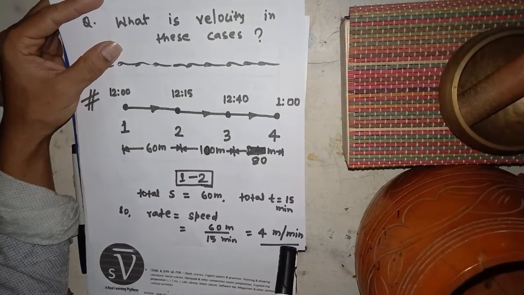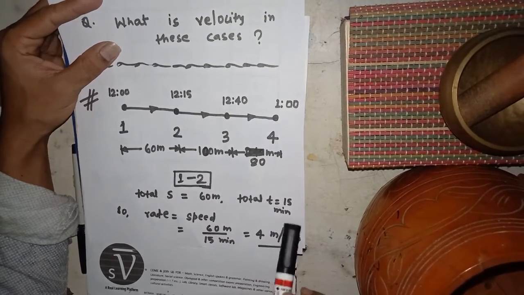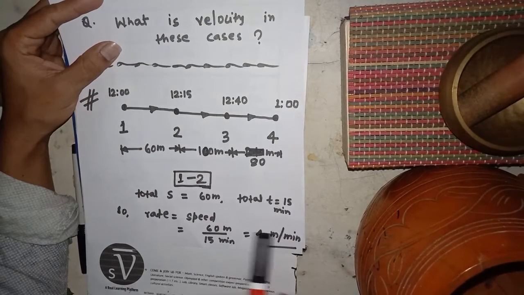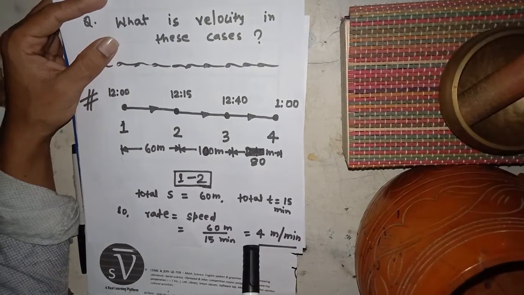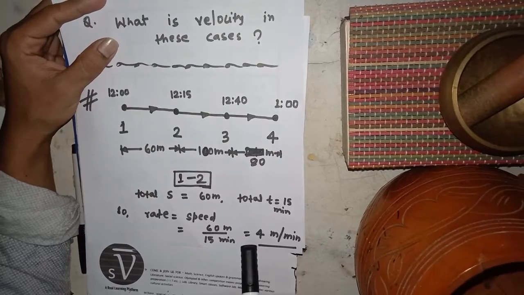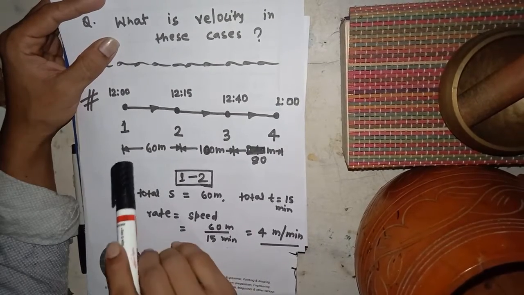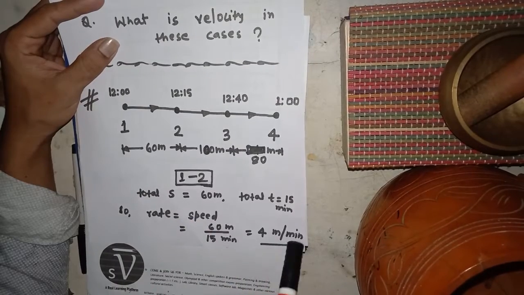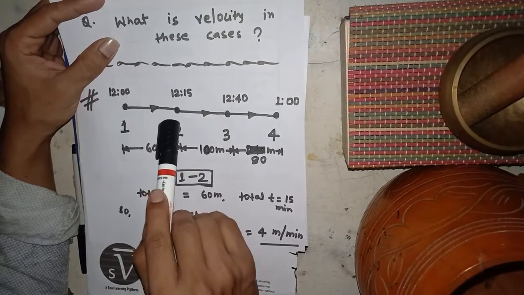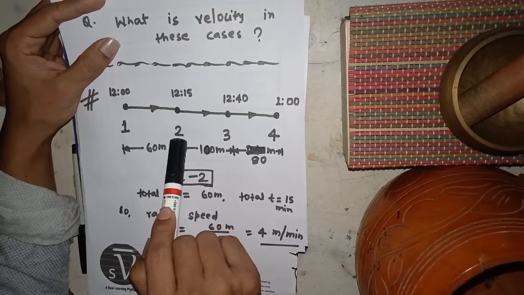So we can simplify it and get the answer as 4 meters per minute. You can change to SI units also. You can change minutes into seconds. You can solve it. Have you got my point? So he must have a speed of 4 meters per minute during this motion from 1 to 2.